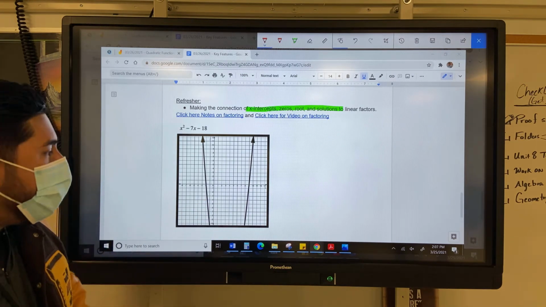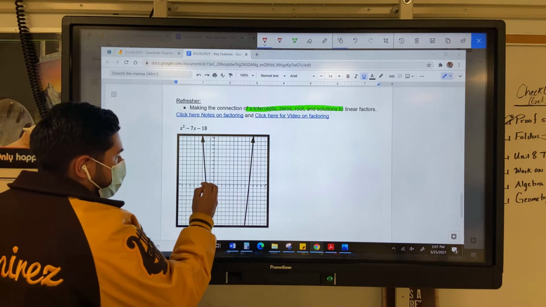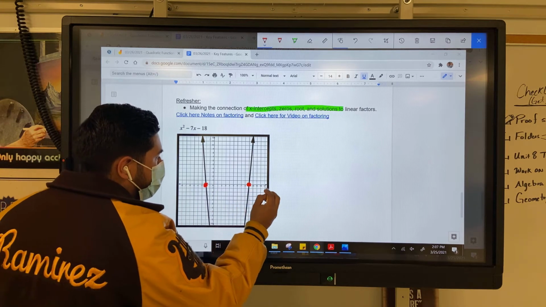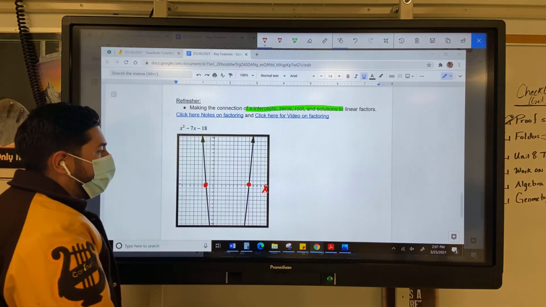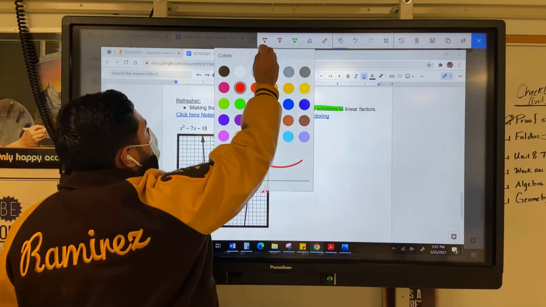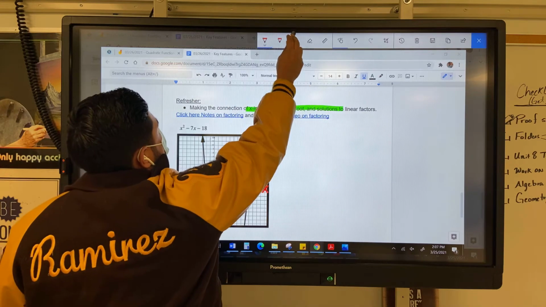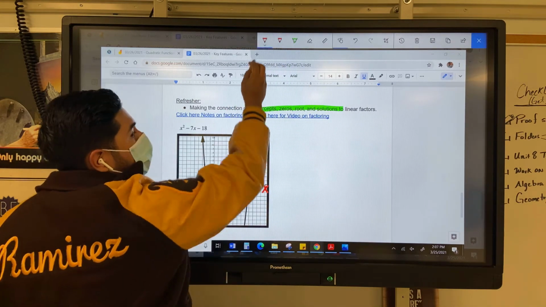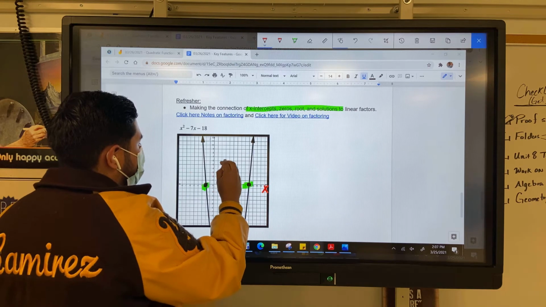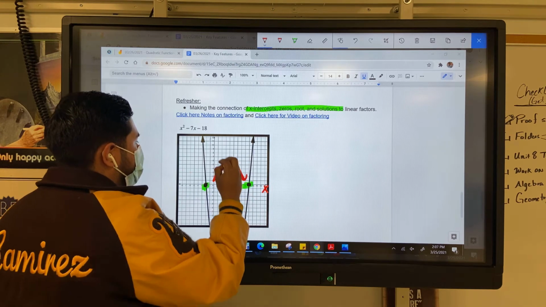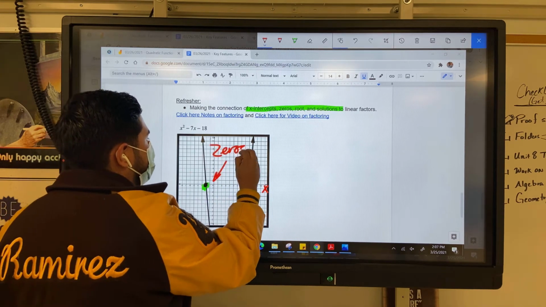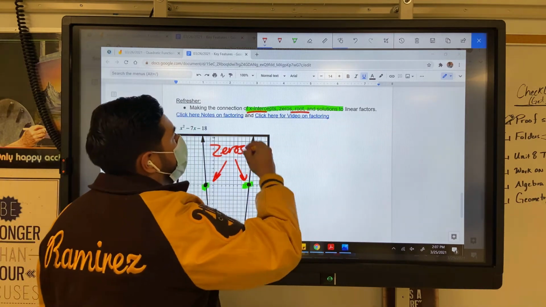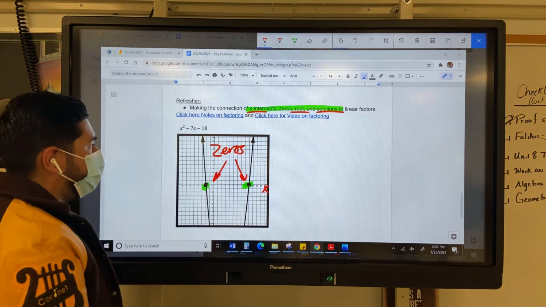I only see two numbers, which is right here and right here, because it crosses my x-axis right there. If you can't see the numbers well, zoom in. These are my zeros. Also my x-intercepts, also my roots, also my solutions, okay?